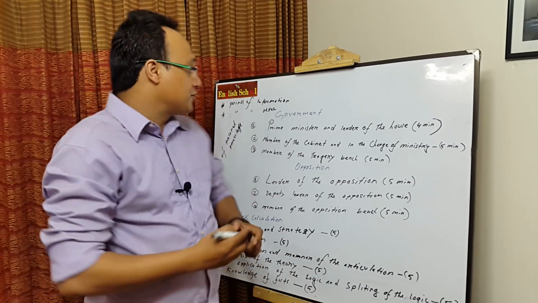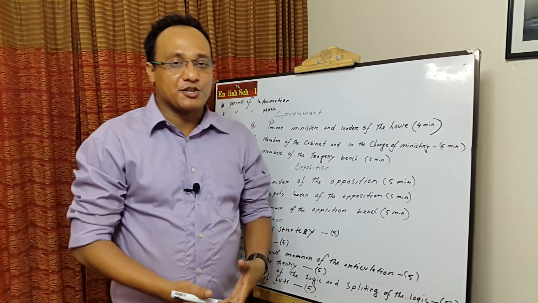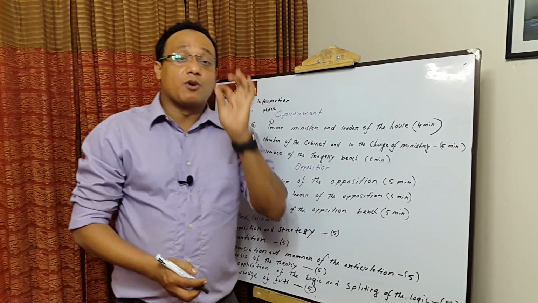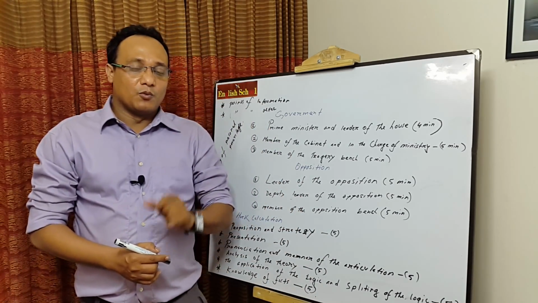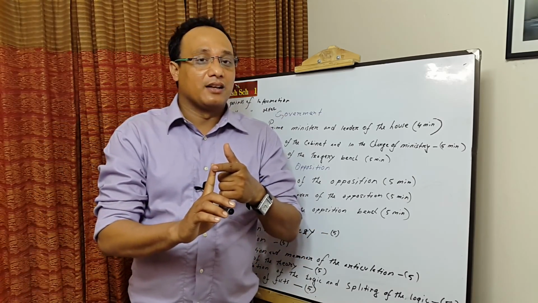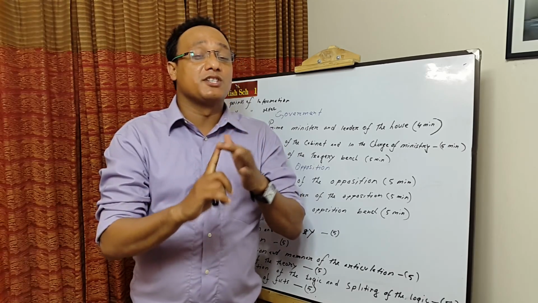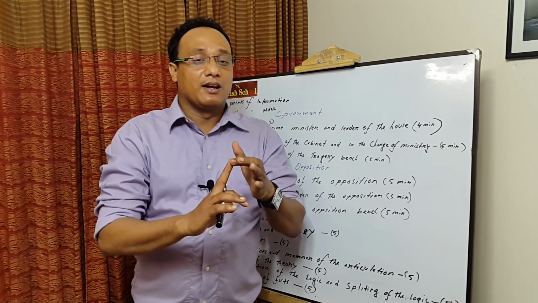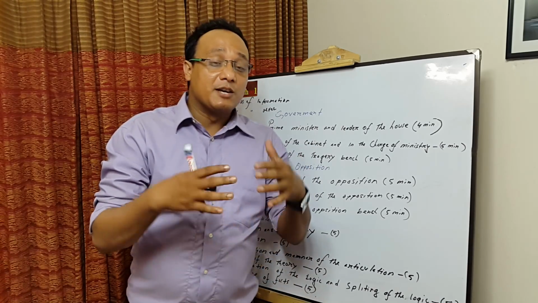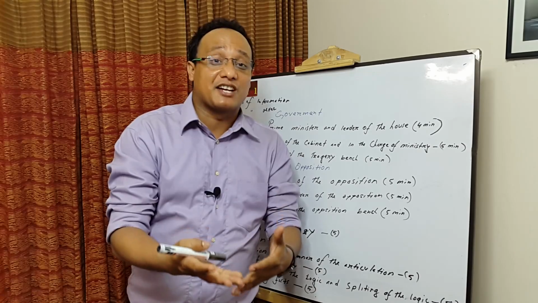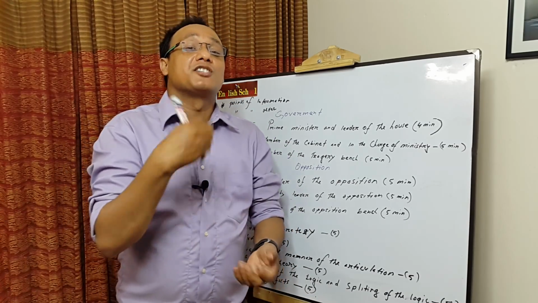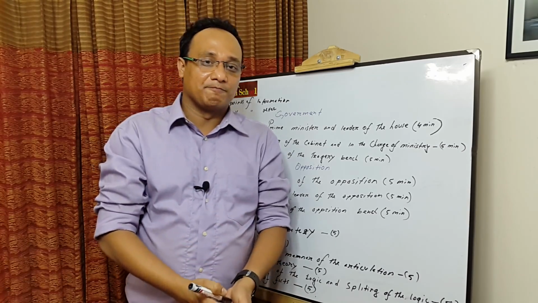First of all, we are going to learn about points of information. What is a point of information? Whenever your opposition speaker provides wrong or incorrect information, you can raise your hand and say point of information.